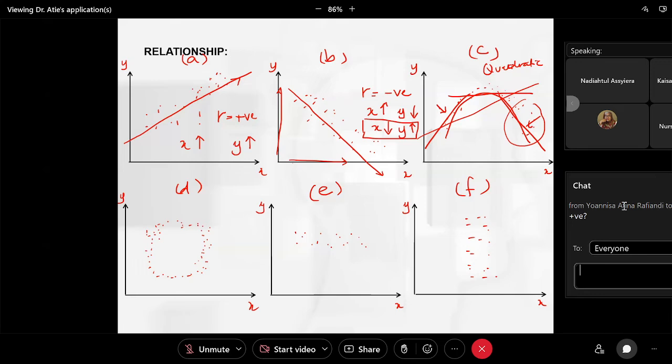Saraswati, where are you? Not here either. So you know what? When I call you, you don't exist physically here. Saraswati is not here either. Okay, how about Zulaikha?